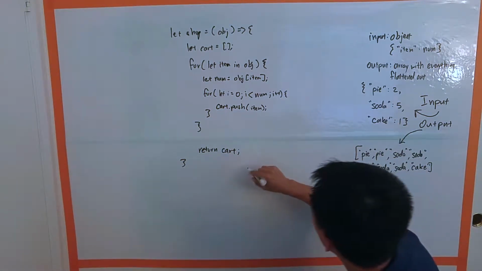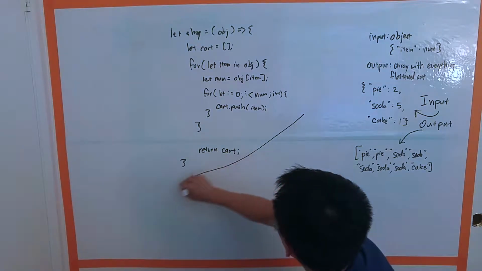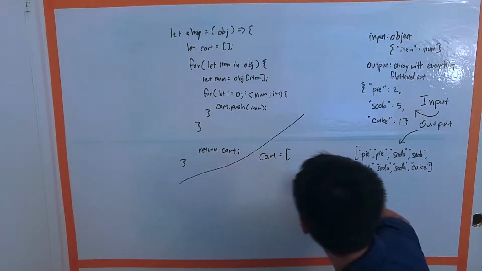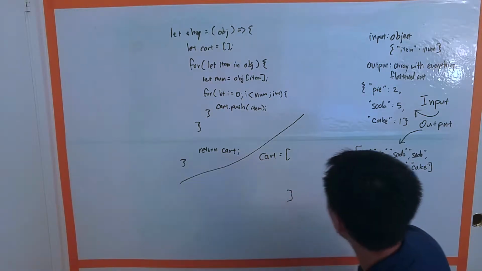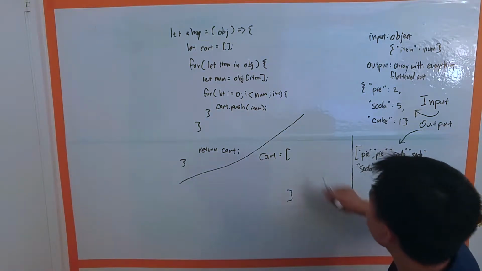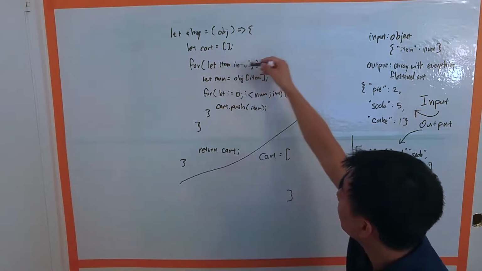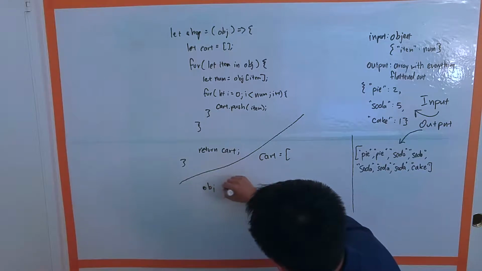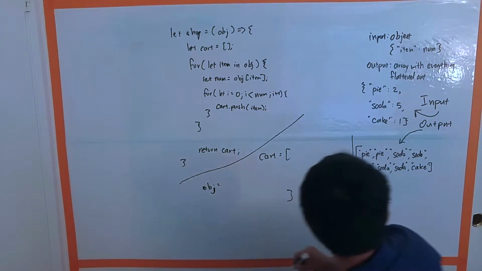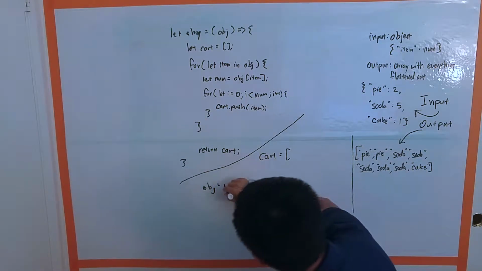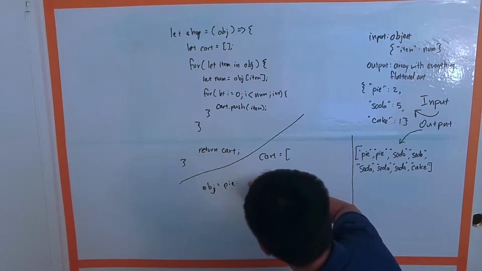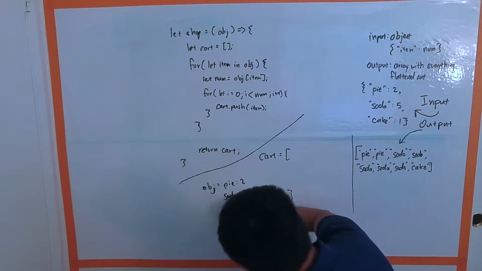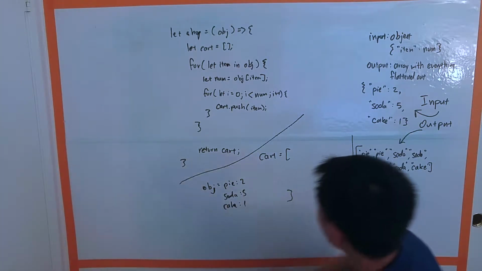Our cart is an empty array for now. And so for object, the object obj is pie 2, soda 5, cake 1.